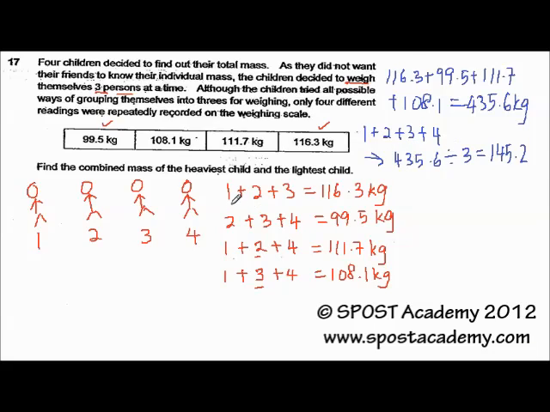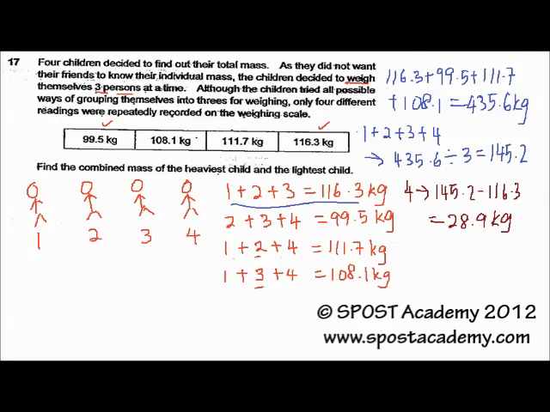And we know that this is 1 plus 2 plus 3, which gives us this. So in order to find number 4, the lightest child, we just need to use 145.2 minus 116.3, which gives me 28.9 kg.